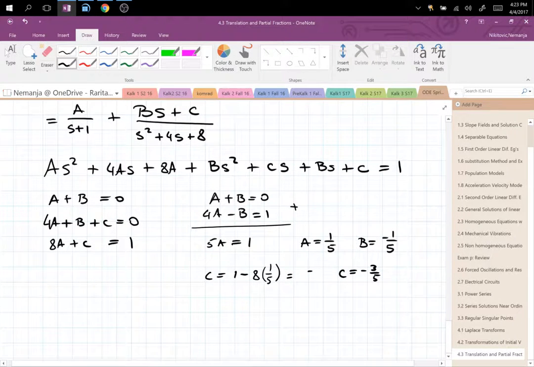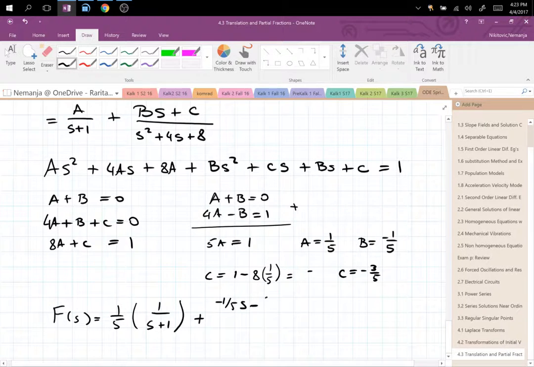So the problem now looks like this: F of s is given as 1/5 times 1 over s plus 1, plus negative 1/5 s minus 3/5 divided by s squared plus 4s plus 8.